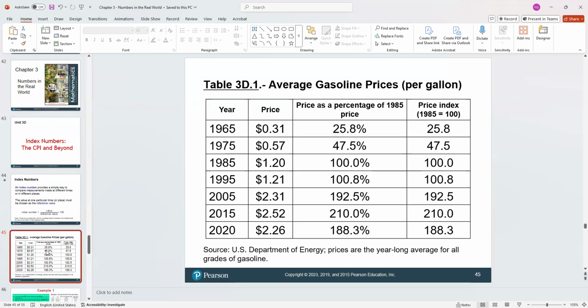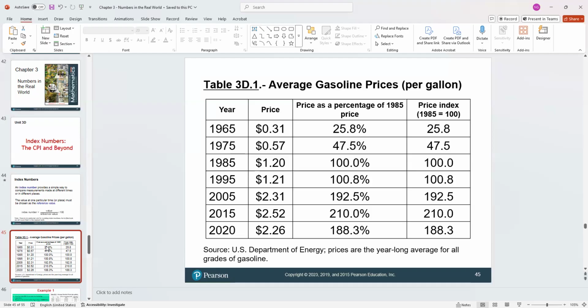These tables show the average price of gasoline in the United States at 10-year intervals from 1965 to 2015, and in 2020. Suppose that instead of just looking at this price, we want to find out how each of them compares to the price in 1985, for example.